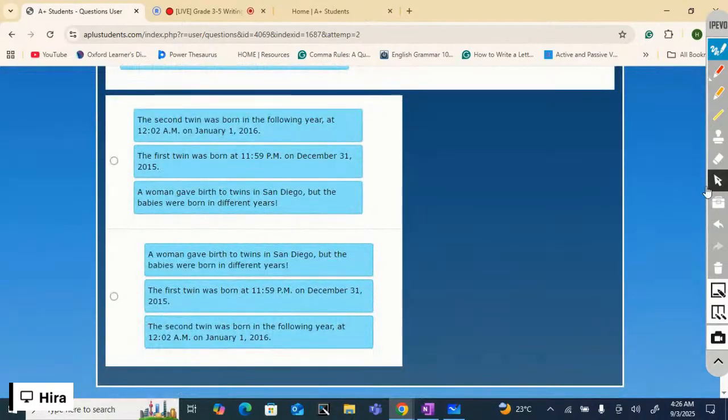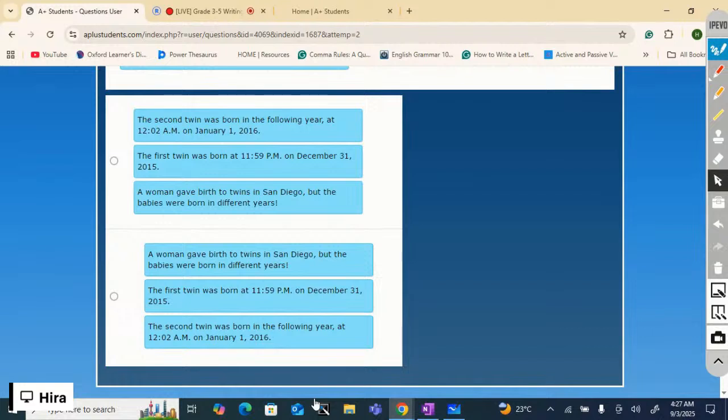The first option or the second option? A woman gave birth to twins in San Diego. This should go first. The first twin was born at this time on December 31st. The second twin was born in the following year at 12:02 a.m. on January 1, 2016.